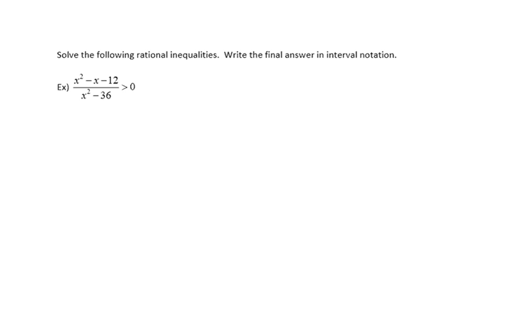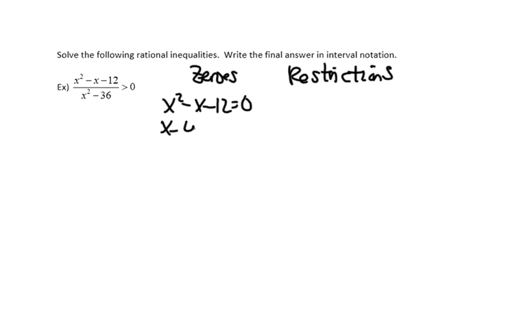So again, first thing I want to do, because everything is on one side of the inequality now, is determine what my zeros and what my restrictions are going to be. Okay. Zeros, I'm going to set the numerator equal to 0. And then my restrictions.